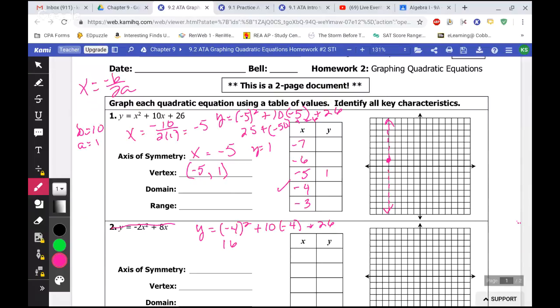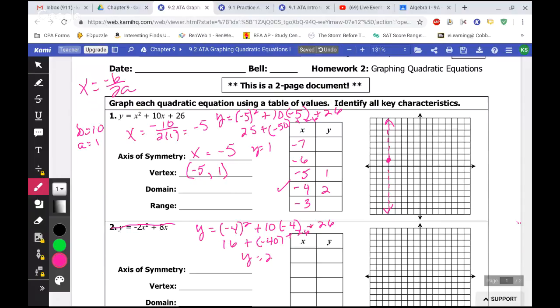So I'll have 16, because -4 squared is 16, plus -40 plus 26. So 16 plus -40 is -24, right? And -24 plus 26 is 2. So y equals 2.